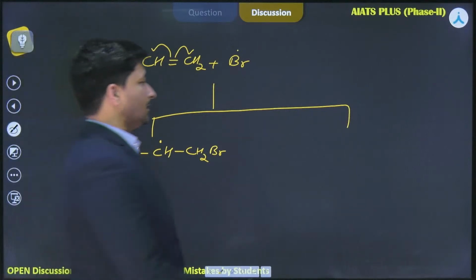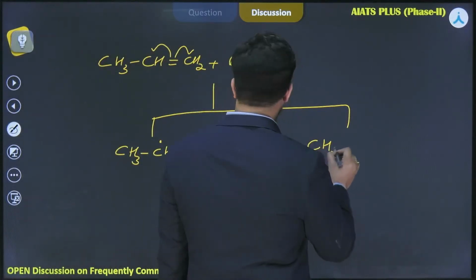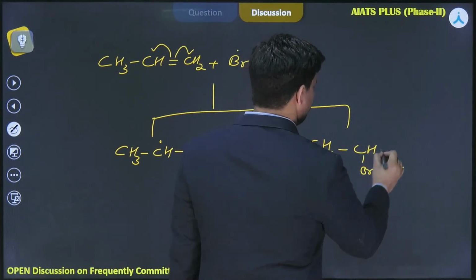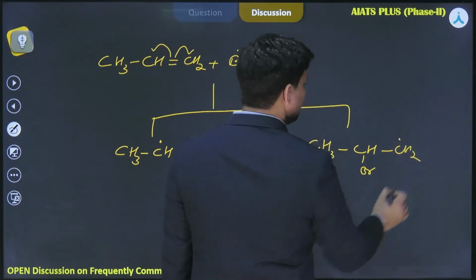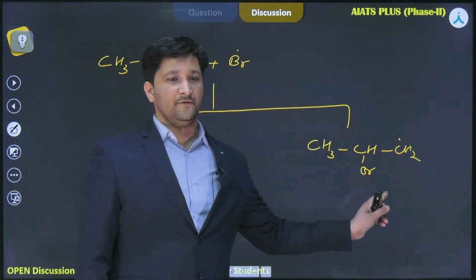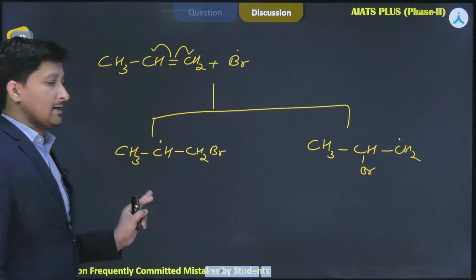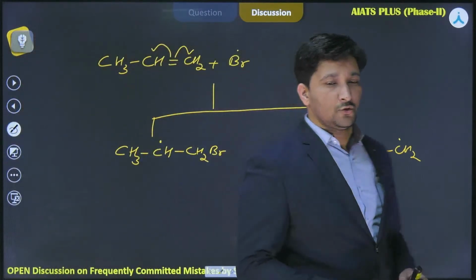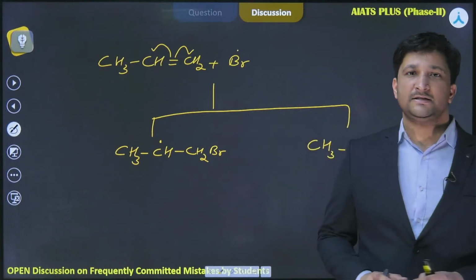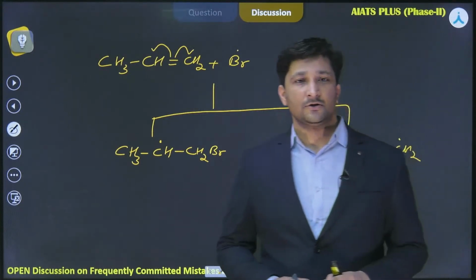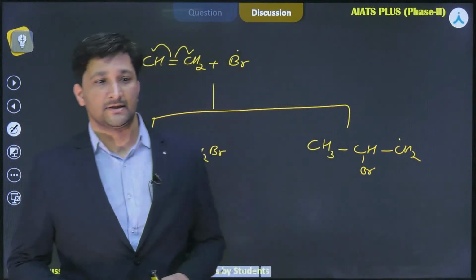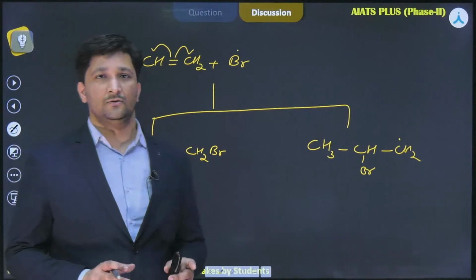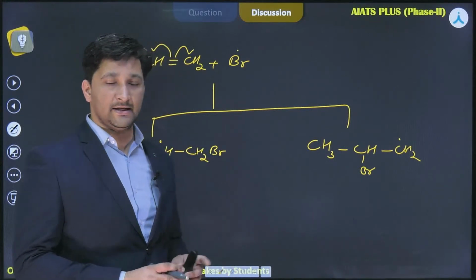And the other possibility is that CH3, CH, Br, CH2, free radical. Here you can see that one has a 1 degree free radical and the other is a 2 degree free radical. So out of 1 degree and 2 degree free radical, we have discussed that actually the 2 degree free radical is more stable, because of the effect of hyperconjugation. We have discussed this in our previous lectures also, or if you have any doubt, you can go back to my previous lectures, or go to the playlist on Aakash.